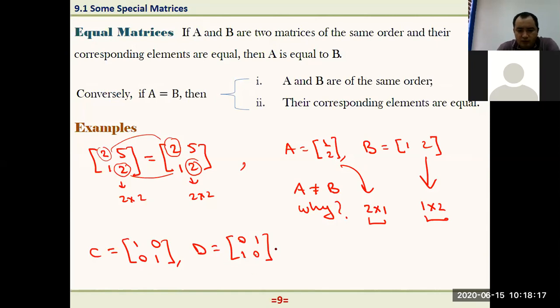Are they equal? These two matrices are also not equal, right? Why? Because here, this entry corresponds to this entry. So these two entries are not equal, right? The corresponding entries are not equal. That's why these two matrices are not equal. For two matrices to be equal, they must be exactly the same. So all corresponding entries are equal and their dimensions must be the same. Okay?